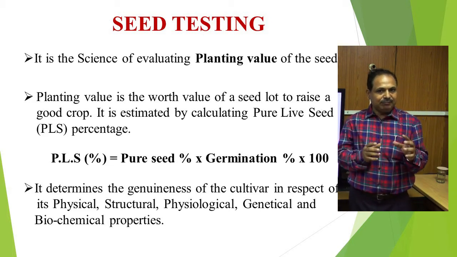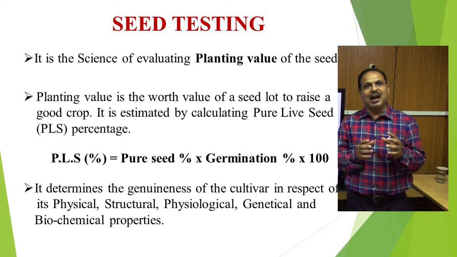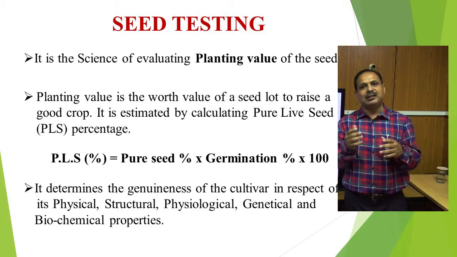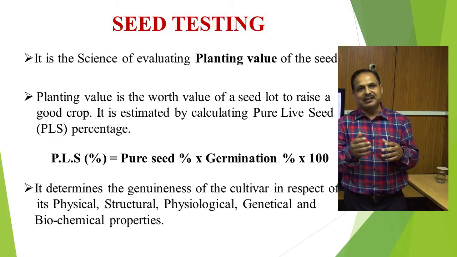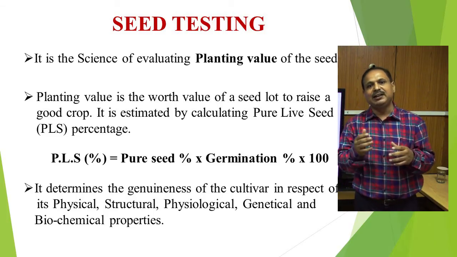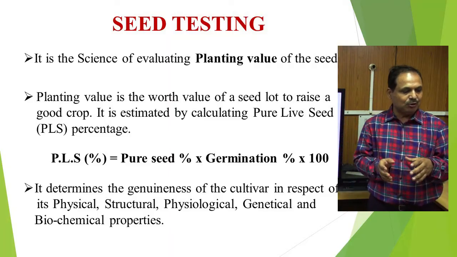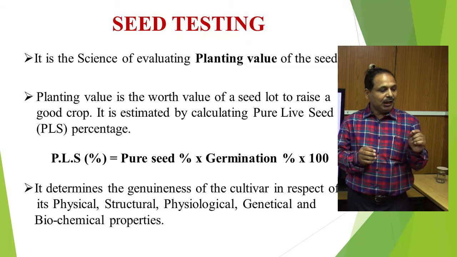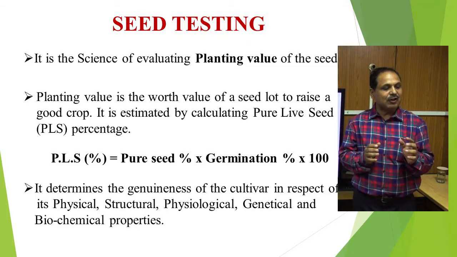So if we have more pure seeds and the germination percentage is up to the mark, which depends on the different classes of seeds, for example, in case of breeder seeds, it must have 80% germination, otherwise it will not be good.